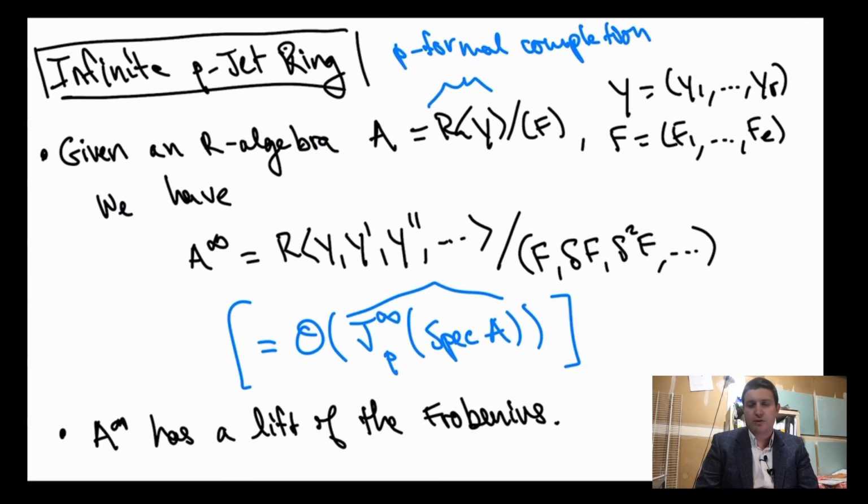So the universal p-derivation here is just y goes to y prime, to y double prime, et cetera, et cetera. You've done this free construction so that ring homomorphisms out of this give you p-derivations from A to something. So this is the ring that you get that has a free lift of the Frobenius.